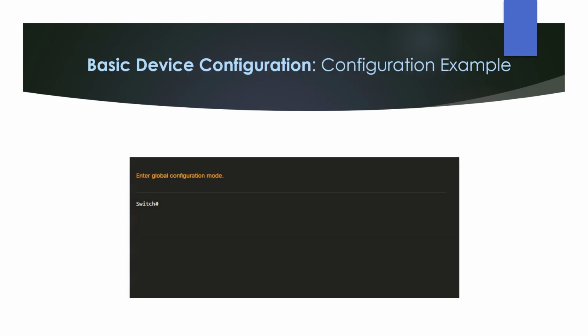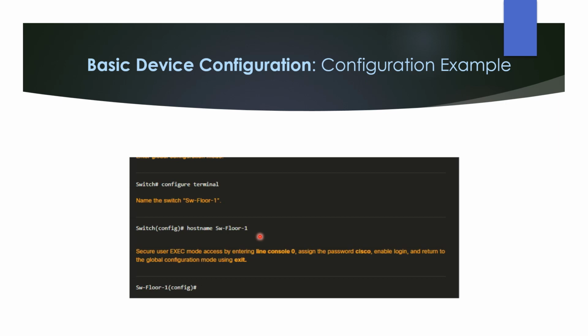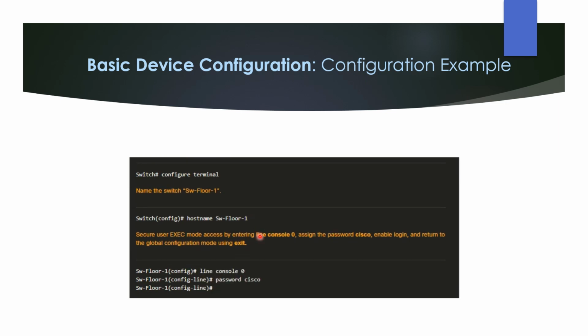In this slide, there is a syntax checker where we will assign a device name, secure user access mode, secure privileged access mode, secure VTY access, and we will encrypt all plaintext passwords. As you see, you have to go into global configuration mode. We will configure the hostname of the device.